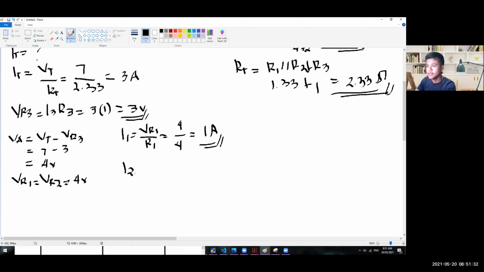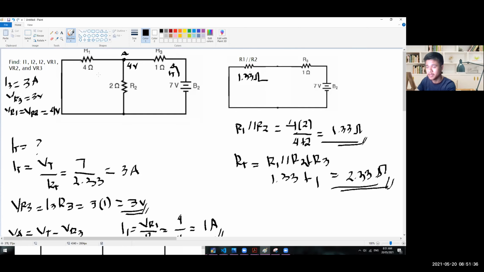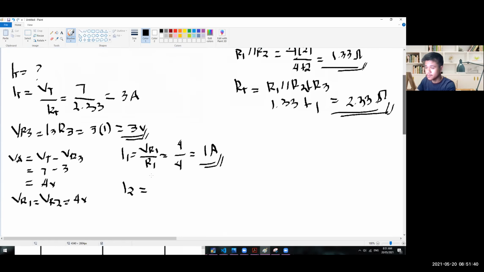And then for I2, since we already have the value of I3 and I1, we can now solve for the value of I2 using KCL. But just to be consistent, we're going to apply the formula of Ohm's law. So I2 is equal to VR2 divided by R2.